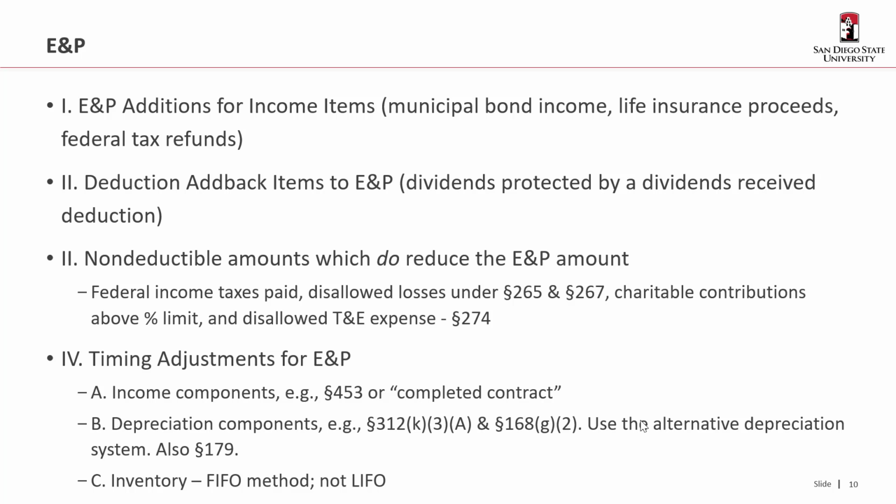And then there are simply timing adjustments. These are things where the tax code permits a certain amount of manipulation to the timing of recognition of income or a deduction that doesn't match up well with the economics of it. For example, income components, something like installment sales or completed contract accounting. The reality is on an installment sale, maybe you should just have to recognize the entire gain because you have.